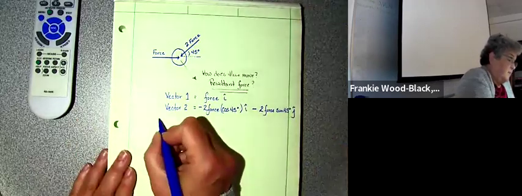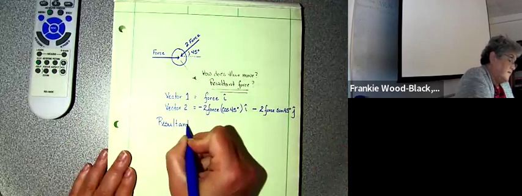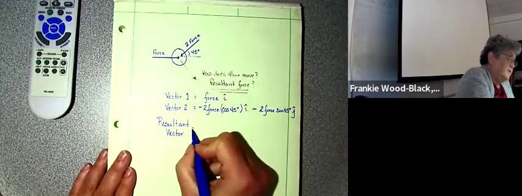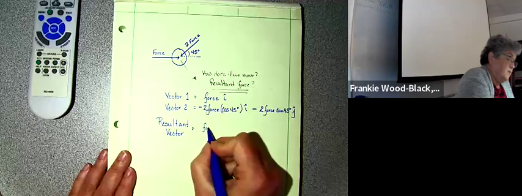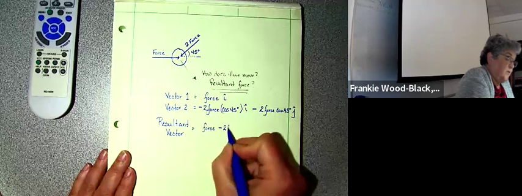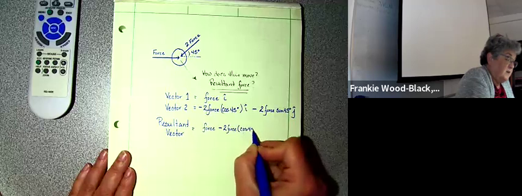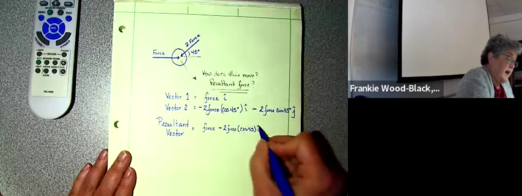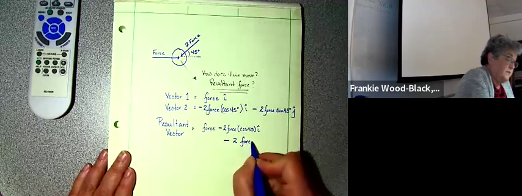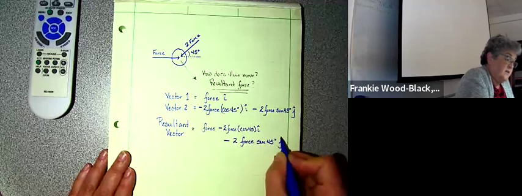I'm going to end up with my resultant vector equal to force minus 2 force cosine 45 degrees in the I direction, minus 2 times the force sine of 45 degrees in the J direction.